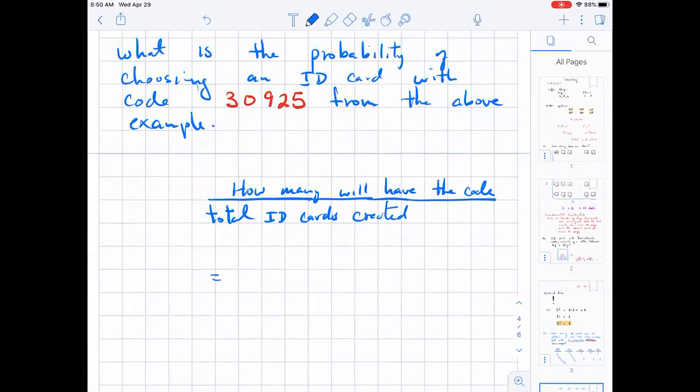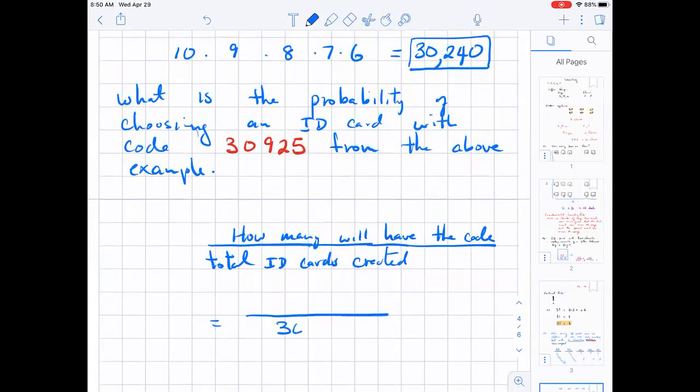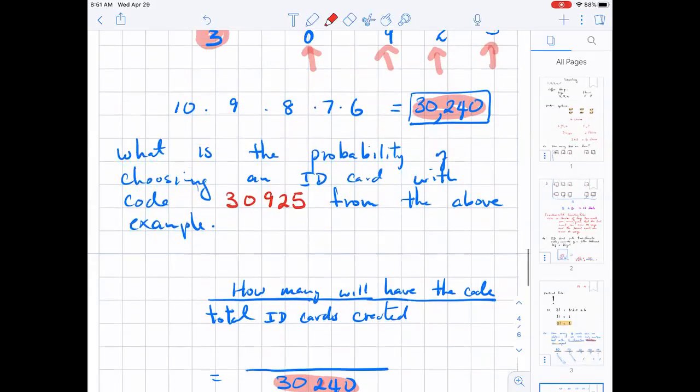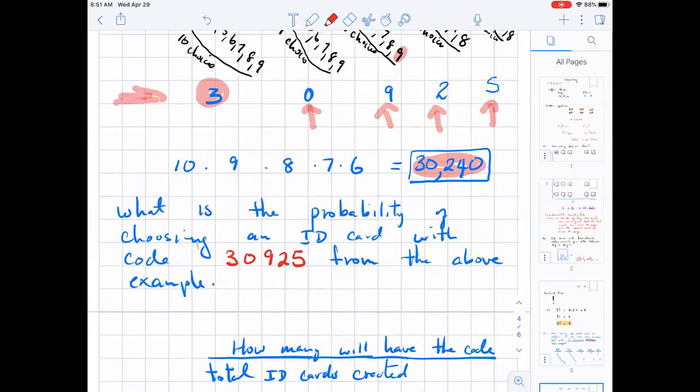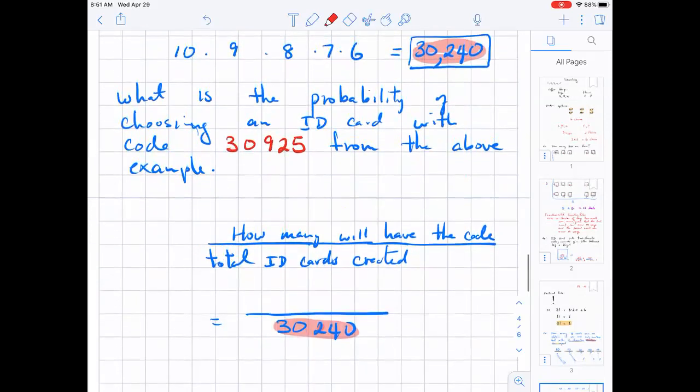We calculated that the maximum ID cards we'll have is 30,240. So that's what goes here. But how many cards can have this security code? Well, since digits can't repeat, there is only one that will have that security code. So we'll only have one out of 30,240, which is a very, very small probability.